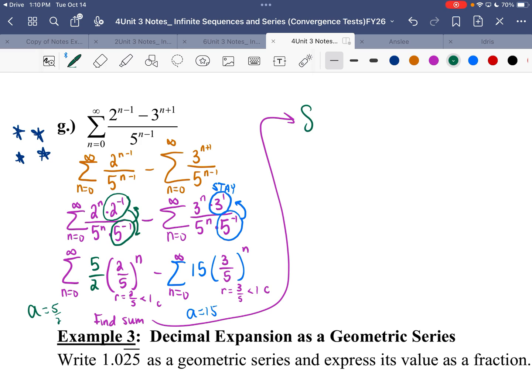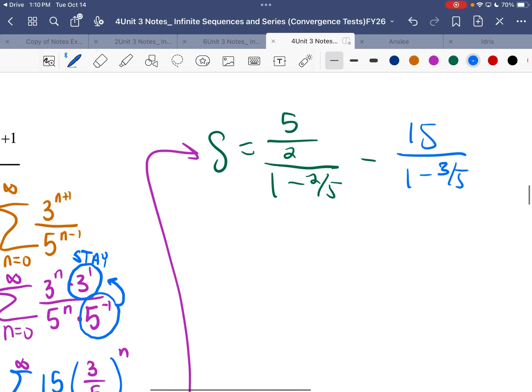So we got S is equal to 5/2 over 1 minus 2/5 minus 15 over 1 minus 3/5. You can multiply everything by 5.